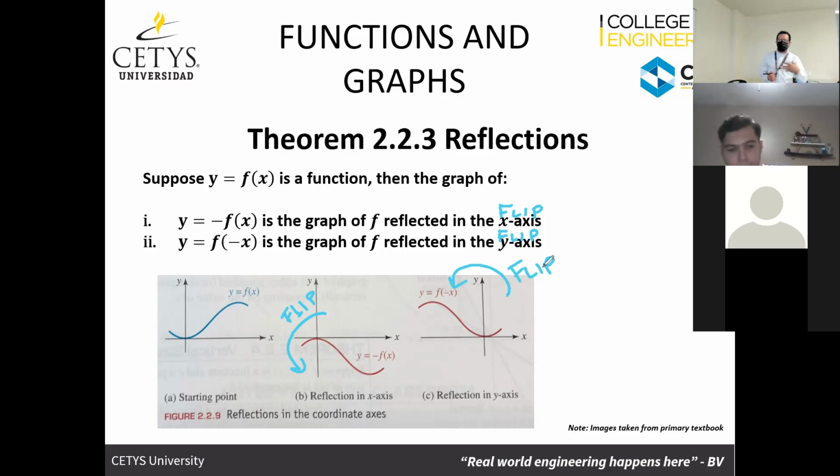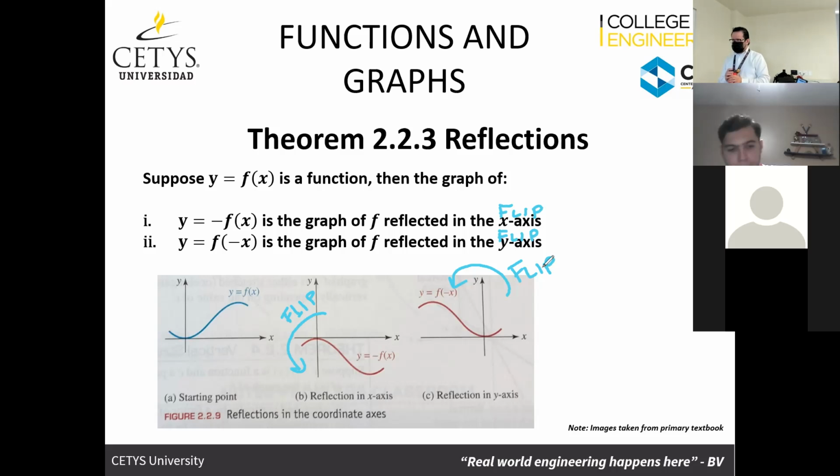And so these are what are called reflections. It's whenever I apply a negative value or multiply the whole function by minus. Mathematically, if I've got the function and I multiply it by -1, all of the values that I get from the function have now changed signs.